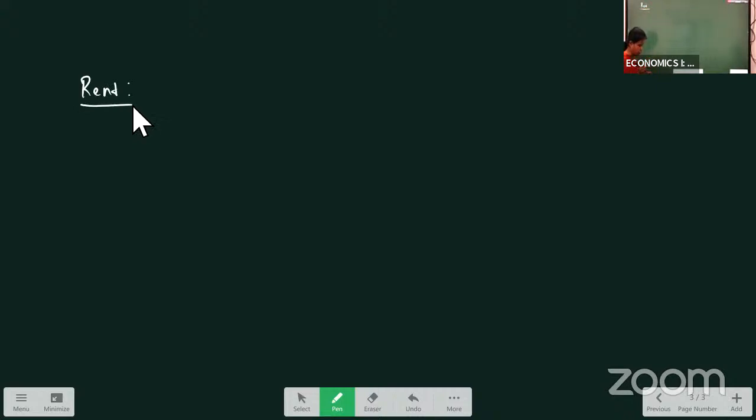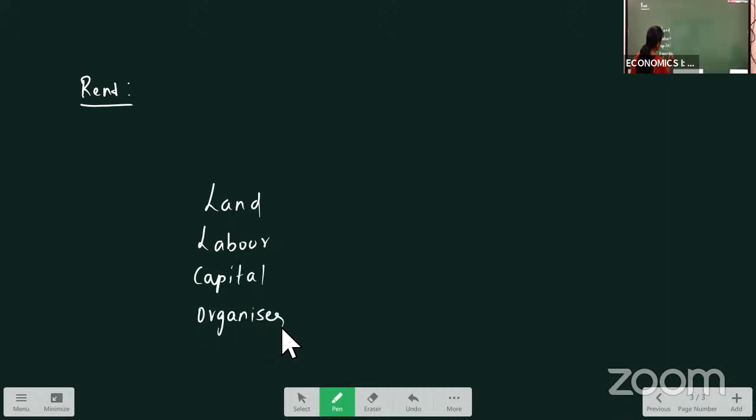Rent is what? Generally, we have 4 factors of production. What are the 4 factors of production? They are land, labor, capital, and organizer. On land, when you use land, what do you pay in return?